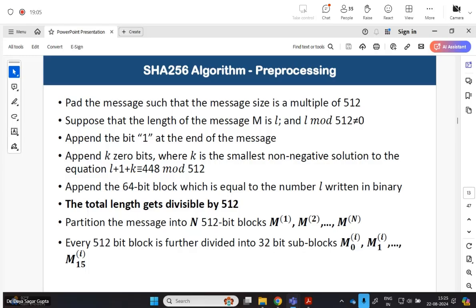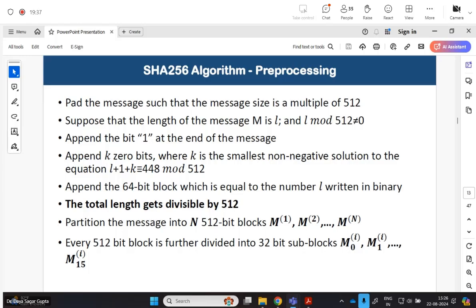Now, since this is 448, if you try to find 0 mod 512, this is 448. If you add 64 to it, it will become 512 and you will get the 0 value here. So that's why you need to append the 64-bit block, which is equal to the number n written in binary.